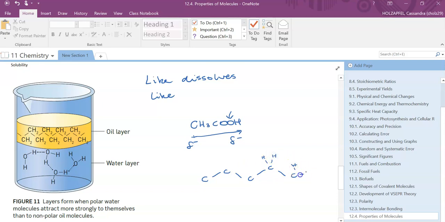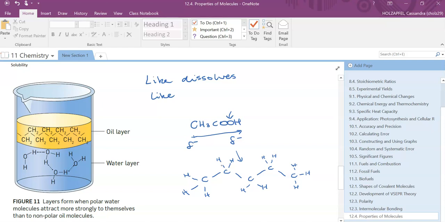And so when we have these two compounds that are put together, it's almost like these charges repel the non-polar compounds, because basically these guys are only going to want to find other charged compounds, whereas the non-polar, if they come across a charge, they're going to be repelled by that because they don't have the opposite charge to be attracted to it. So that's why they end up separating out, because of those differences in their polarity.